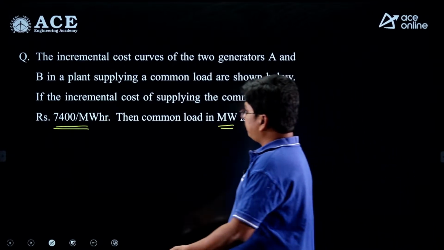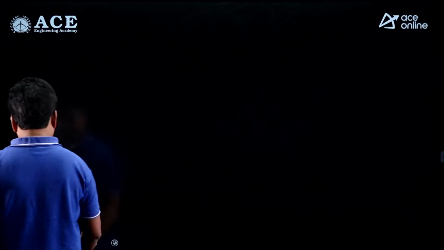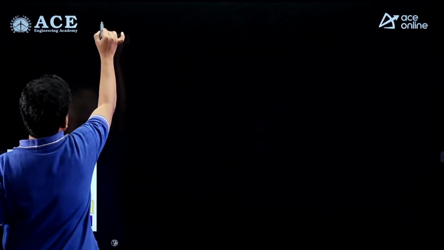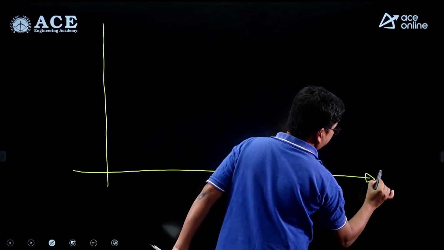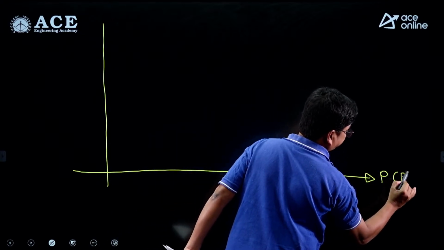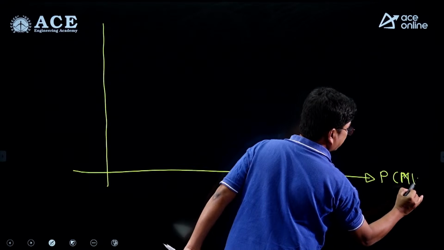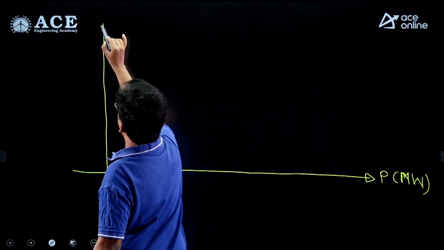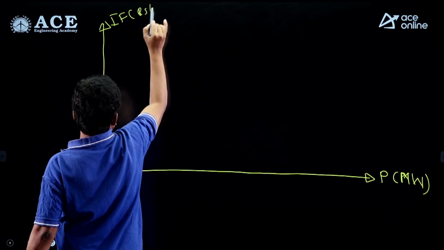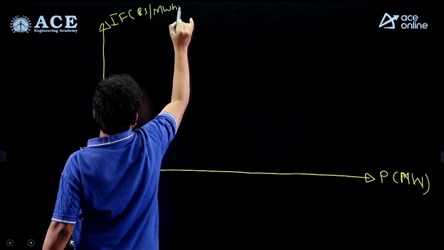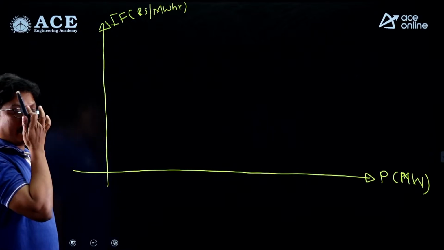The graph is given here: power in megawatts on one axis, and incremental fuel cost in rupees per megawatt hour on the other, and the characteristics are given.